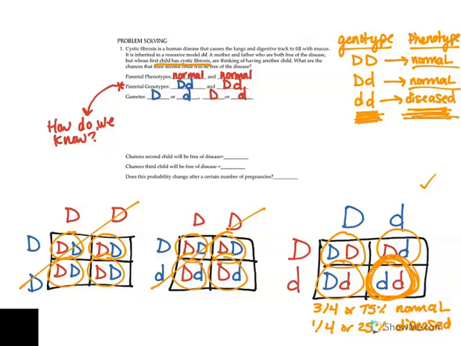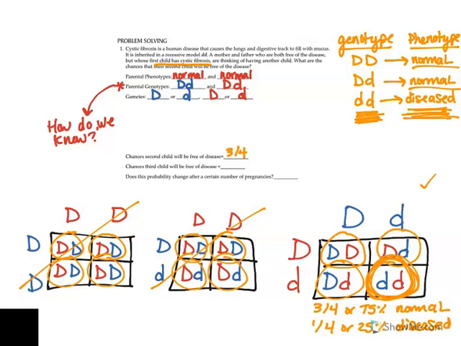We always refer to those boxes to answer this question. So the chance that the child would be free of the disease, or normal, is 3 out of 4, or 75%. I'll write 3 out of 4. You can also write a percent value for that.